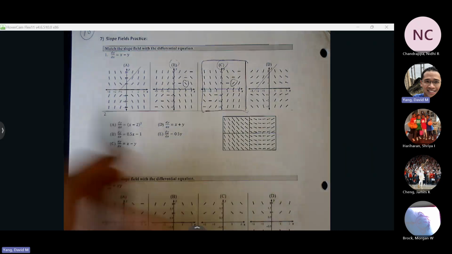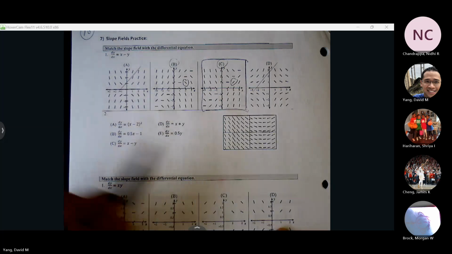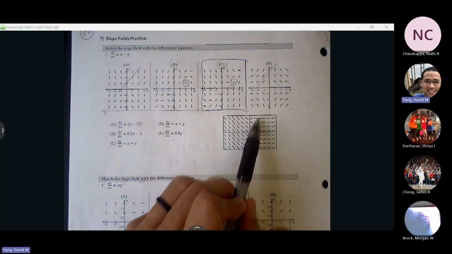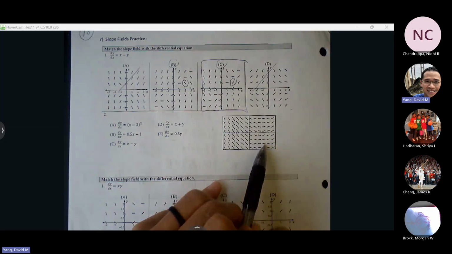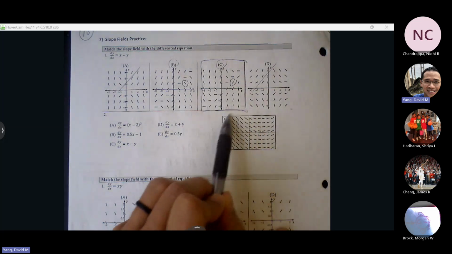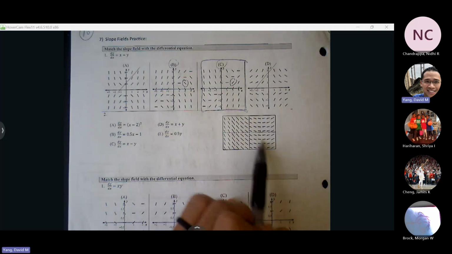For number 2, we can see that there's a shift. Somewhere around 1 or between 1 and 2, there's a slope of 0. Everything to the left of that x value is negative, everything to the right is positive.